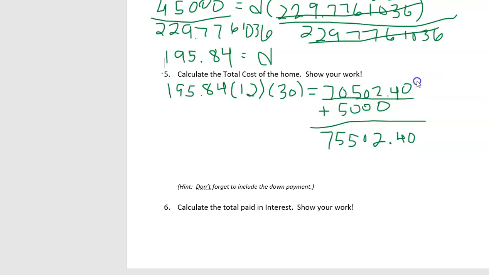This is our payments, so this is how much we're going to pay after the $50,000. So let's take that amount, which is the amount we paid under the financing, and subtract off the amount we financed, which was $45,000.